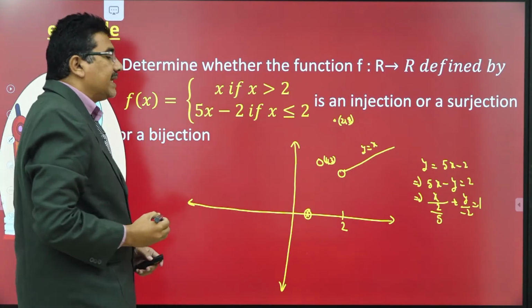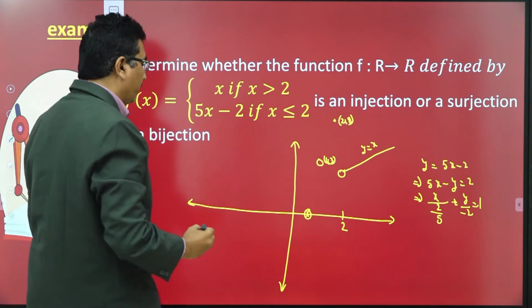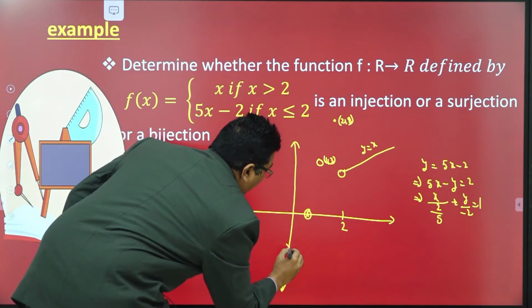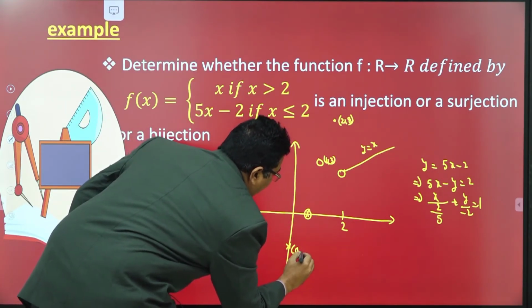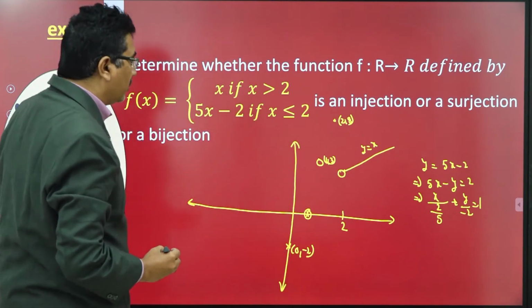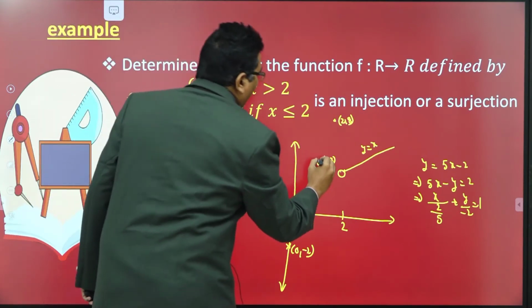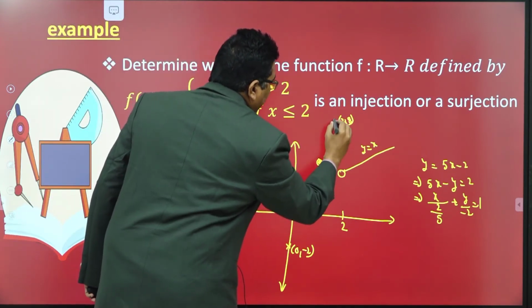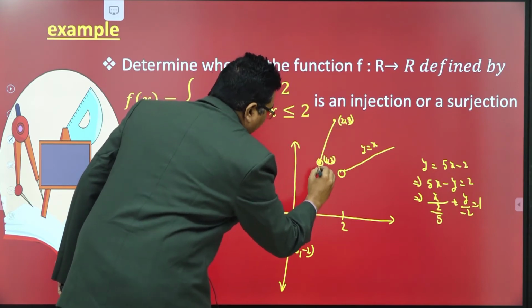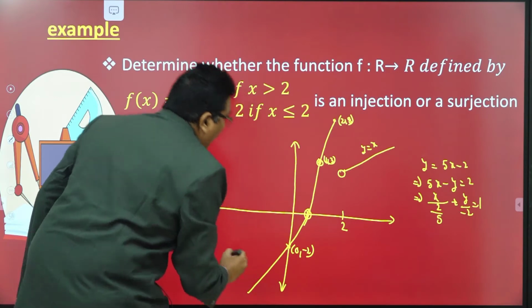If x is equal to 0, y is equal to minus 2. This is the point 0 comma minus 2. Now joining these points, this is a straight line.